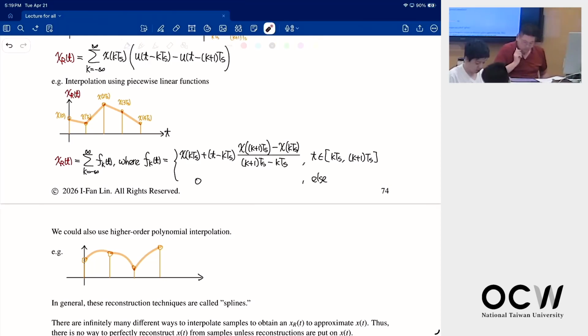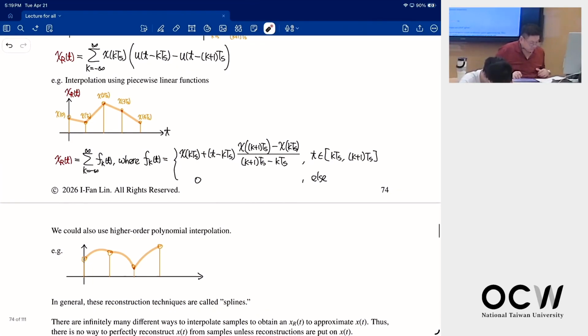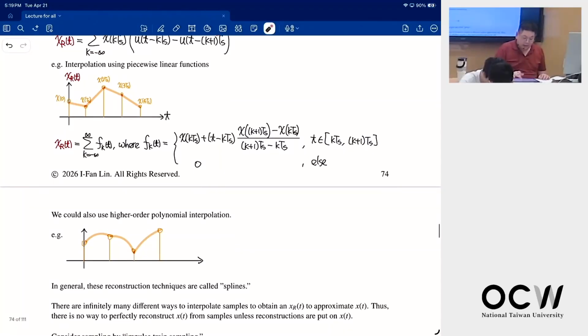And we call those techniques splines. That also implies that there are so many different ways to interpolate samples and try to reconstruct the signal. So there's no way to perfectly reconstruct the original signal from samples.